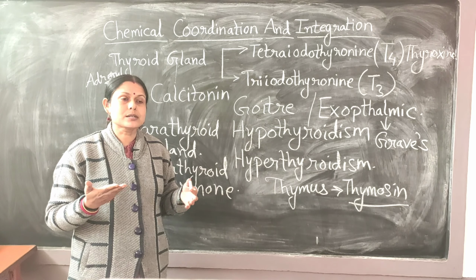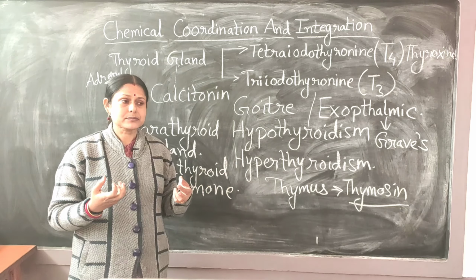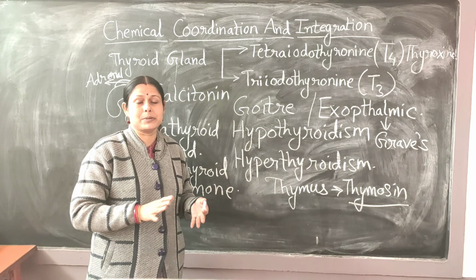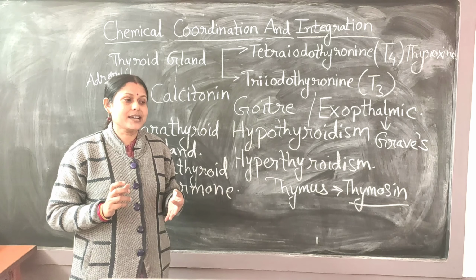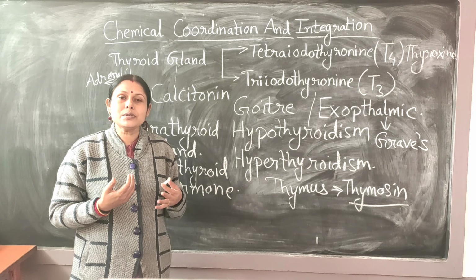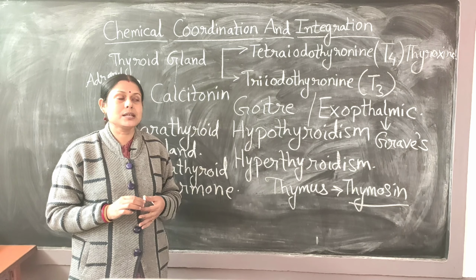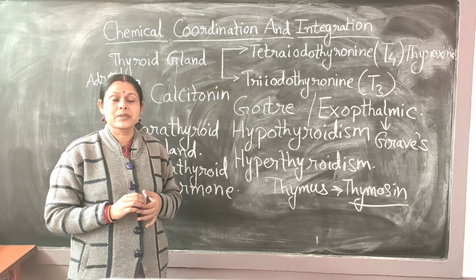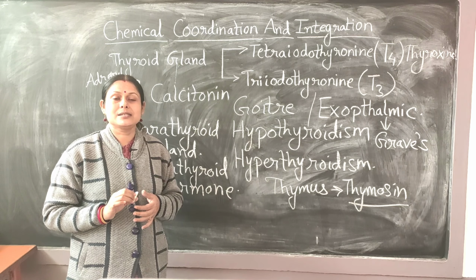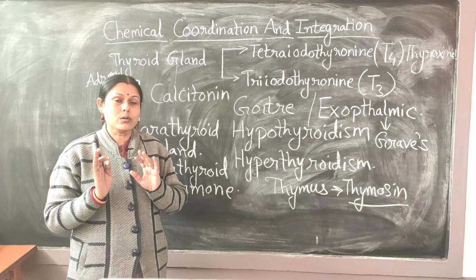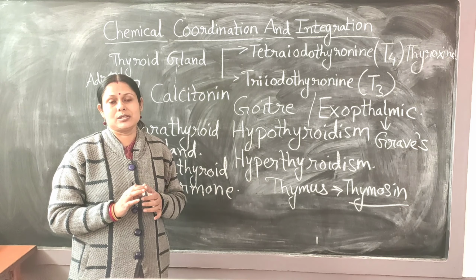Especially suppose you are stuck in between fire, or you are about to step upon a snake, or sometimes some wild animal chases you. When this kind of emergency situation happens, then the hormone secreted by the adrenal medulla, that is adrenaline, is helping you to tackle those emergency situations.